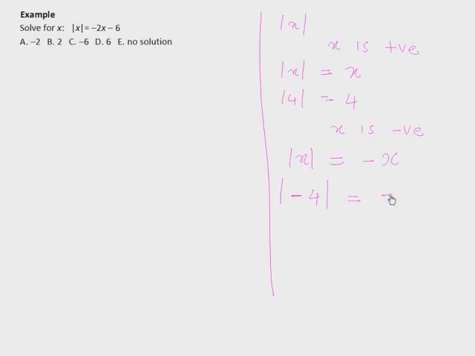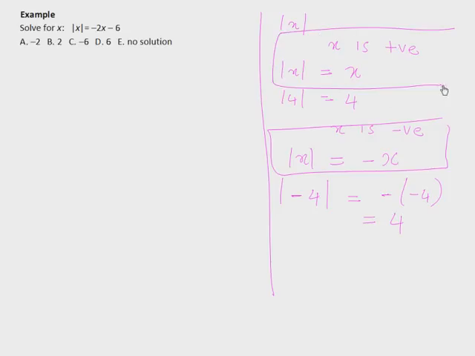It's the negative of minus 4 because you want 4. So the absolute value of x is negative x when x is negative, and the absolute value of x is x when x is positive. So I'm going to do two cases here. I'm going to assume x is positive or 0. x is greater than or equal to 0.